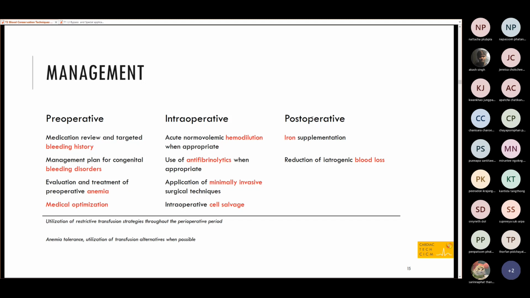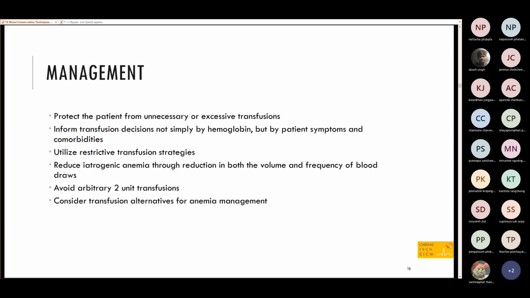Post-operatively, because we have caused hemodilution and the patients have lost blood from the surgical procedure, the patients may need iron supplementation to preserve the blood function, and we also need to correct the reasons for blood loss in each case.